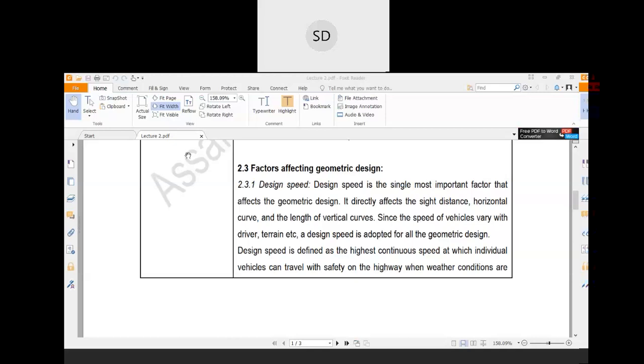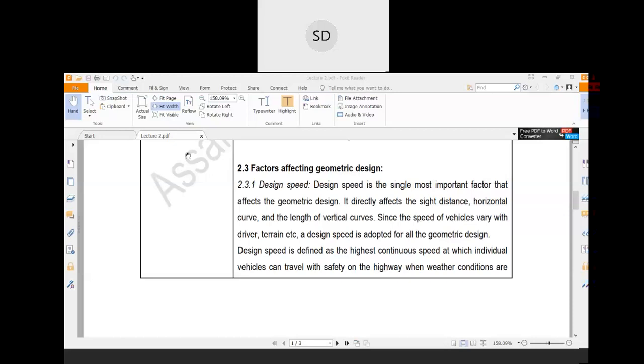Now, how will you find out the design speed? Basically, in the IRC, that is the Indian Roads Congress manual or IRC Handbook, there are different specifications for the design speed for different classifications of road. If this type of data is not available, then you have to go for a speed study.